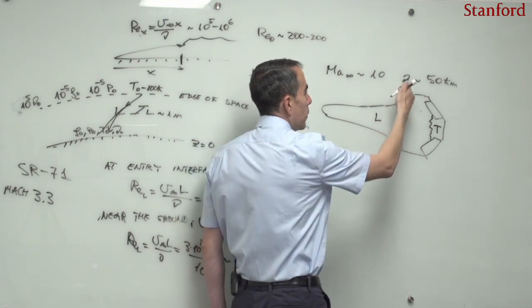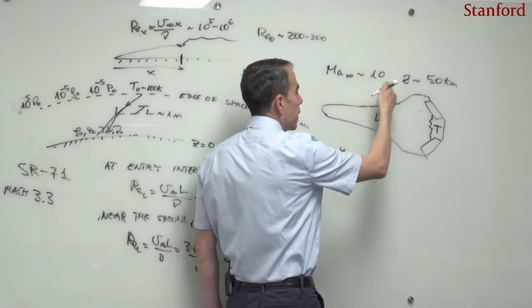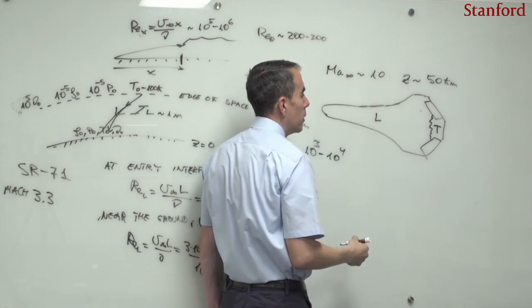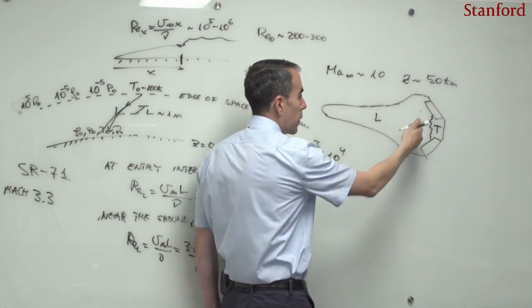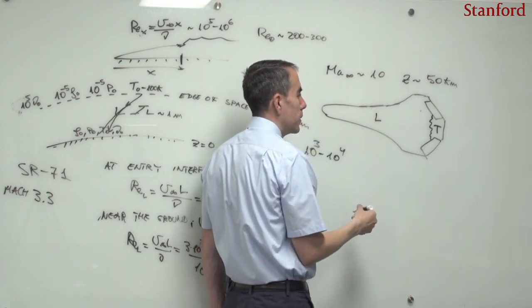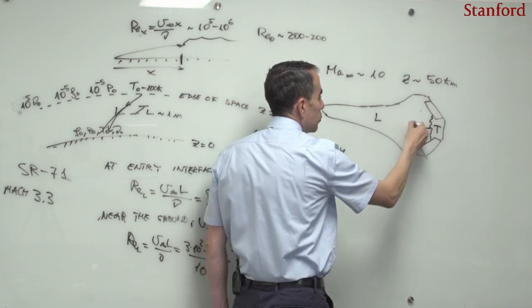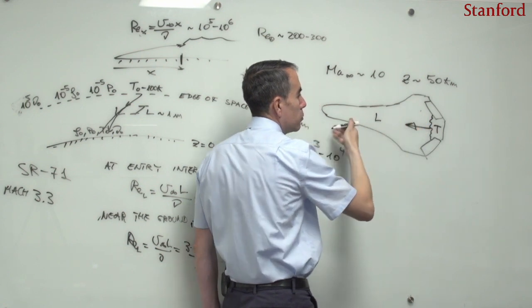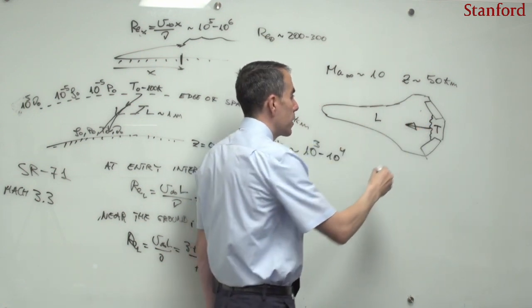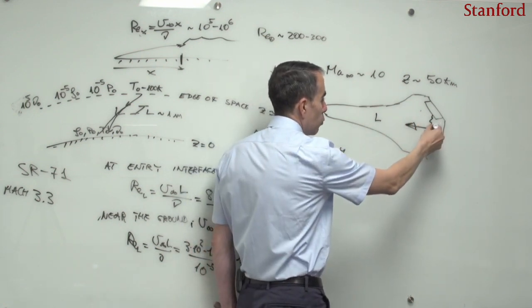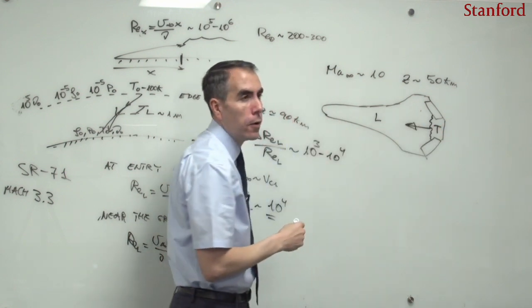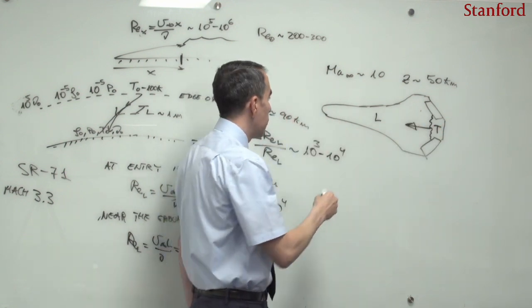As one decreases the altitude further, so the shuttle was penetrating into more dense layers of the atmosphere, then the Reynolds number increases, and this front moves towards the fore of the space vehicle.